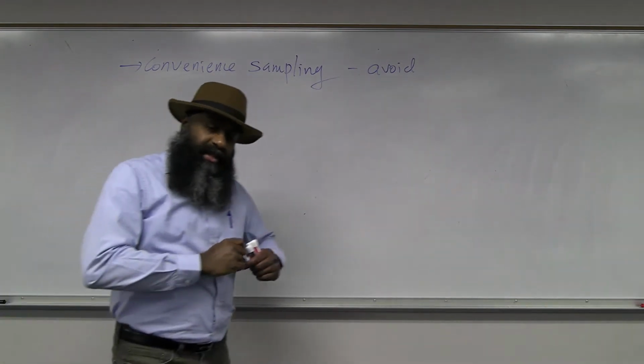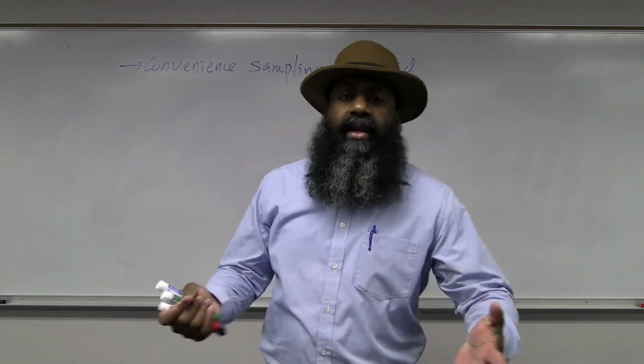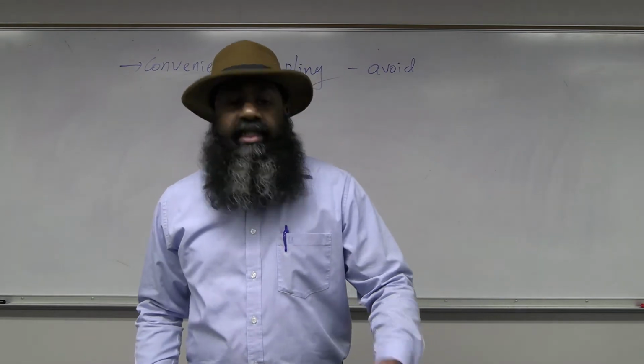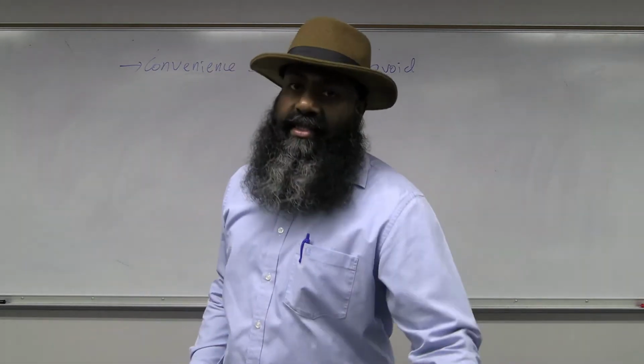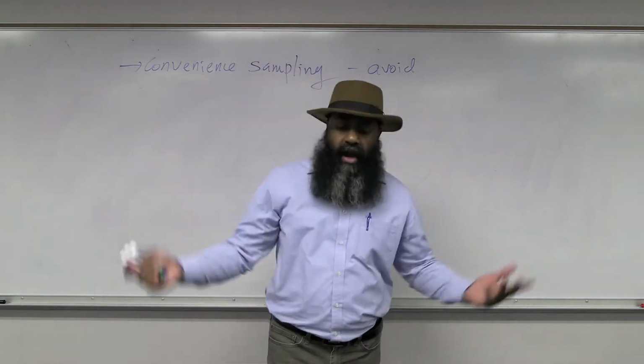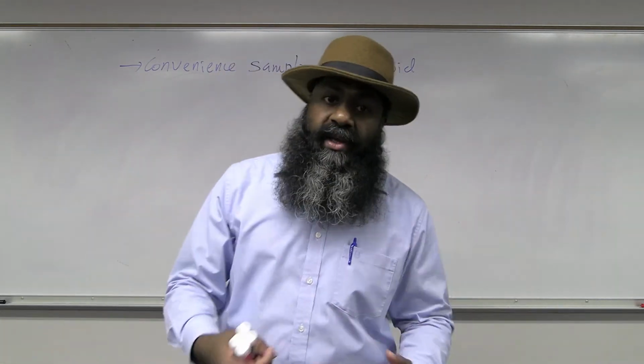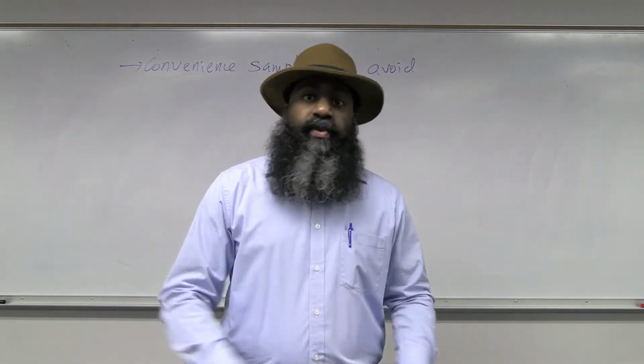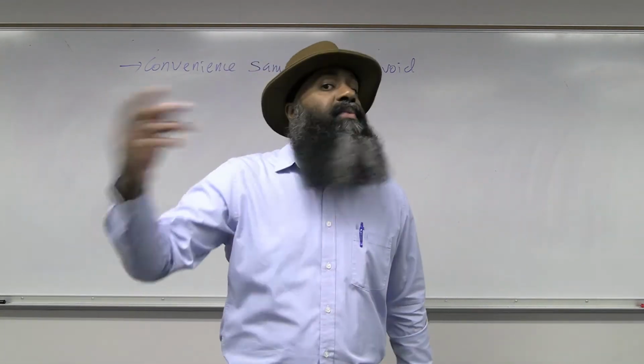Convenience sampling means you collect the data from the subjects where you have the easiest access. Say, for example, I need to figure out the grade distribution of college algebra for all the students in the United States, Tier 1 universities.